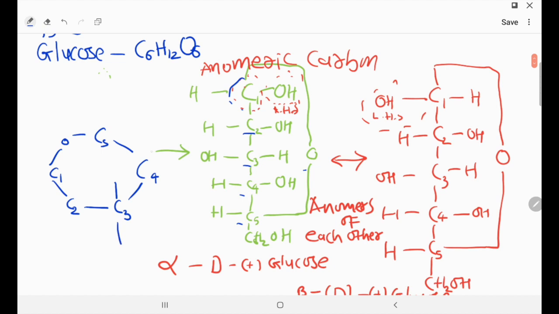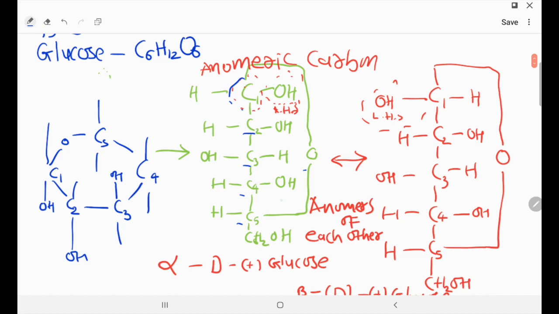Now how to plot these H, OH and CH2OH? It's a trick, and I already told you that trick. Right hand side OH, plot that one onto the bottom. So on the first carbon, OH on the right hand side, so here. On carbon 2 again it's here. On carbon 3 here.